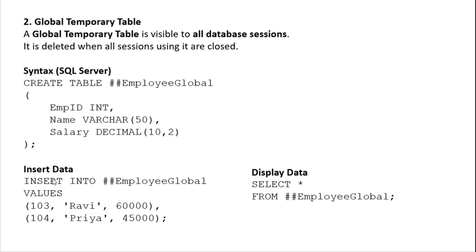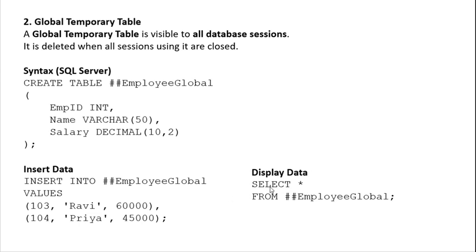Then insert the data, so use INSERT INTO, the double hash sign, and the table name, and the values, giving inside the brackets the ID, comma, the name, comma, and the salary, then close the bracket. It is the same process for adding more data to the table, and at the end a semicolon.